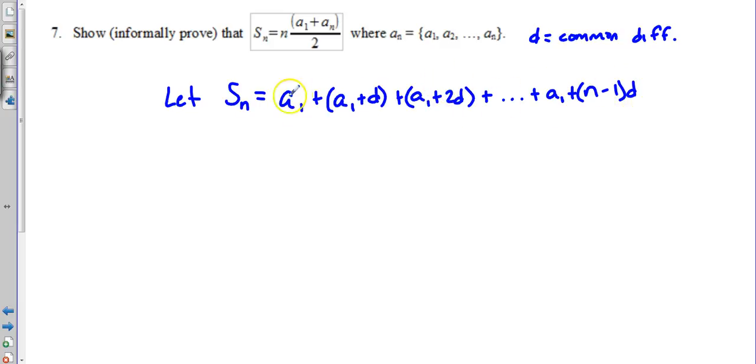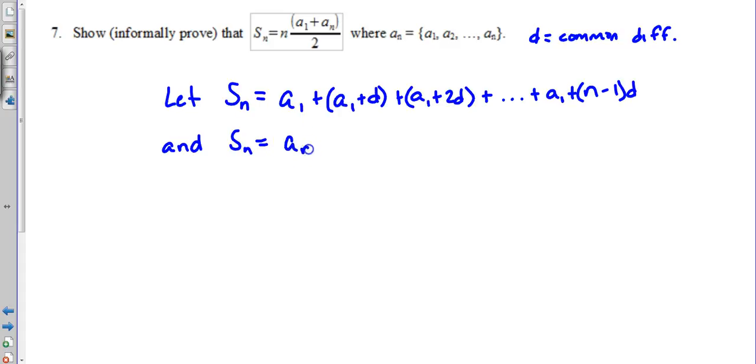All right, so the first way that we wrote the sum of these n terms from our arithmetic sequence is in terms of a sub 1, in terms of the first term, or relative to the first term. All right, we can also write S sub n, or the sum of n consecutive terms of this arithmetic sequence, in terms of the last term, or relative to the last term.